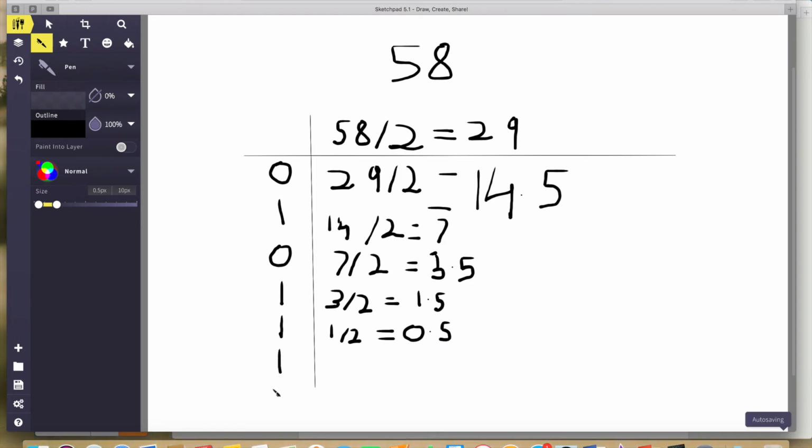Now I get 0.5 divided by 2, which gives the answer 0.25. That is not a proper remainder. It's not 0.5, so I will not get 1, I will get 0, because it's a very small remainder.